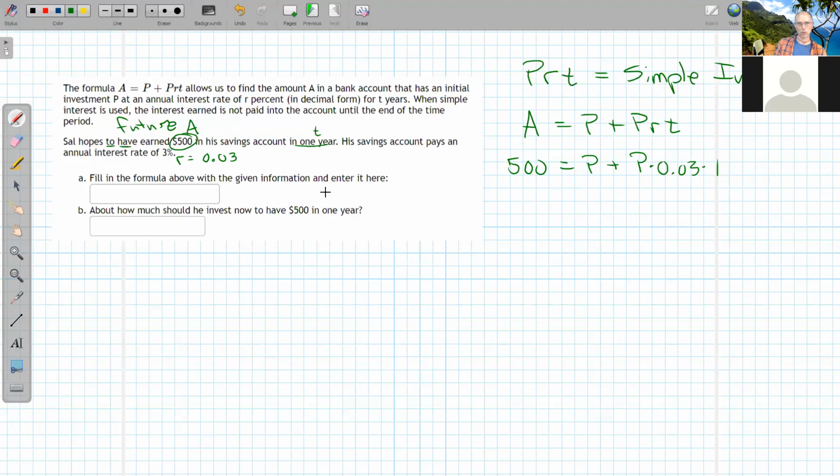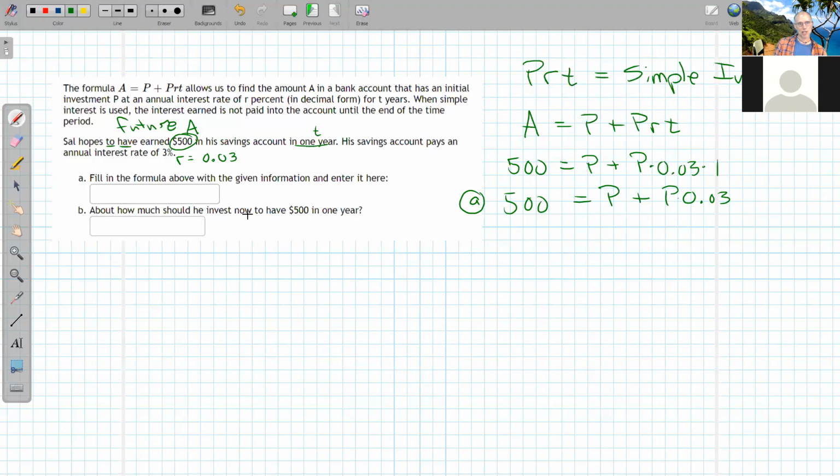I can clean that up a little bit before I put in there. So I'd probably put it in here as 500 equals P plus P times 0.03. Often we write the number in front, but that doesn't matter too much. So that's okay for this first one. So part A, I think that would be good.